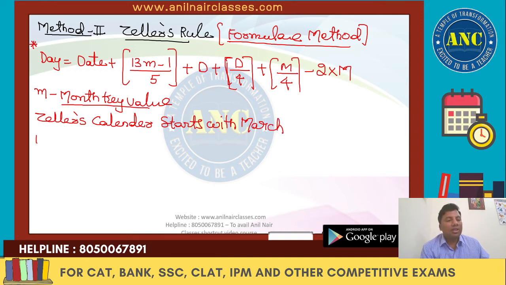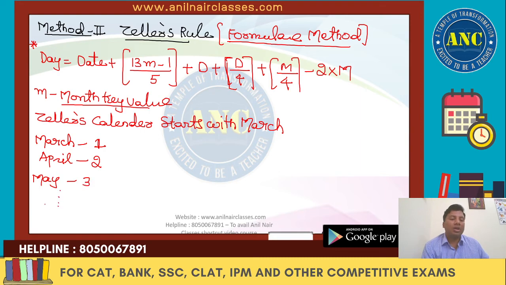Month key value. That means March month key value will be 1. April month key value, it will be 2. May month key value, it will be 3. Are you all with me? And so on. December month key value, it will be 10. January month key value, it will be 11.